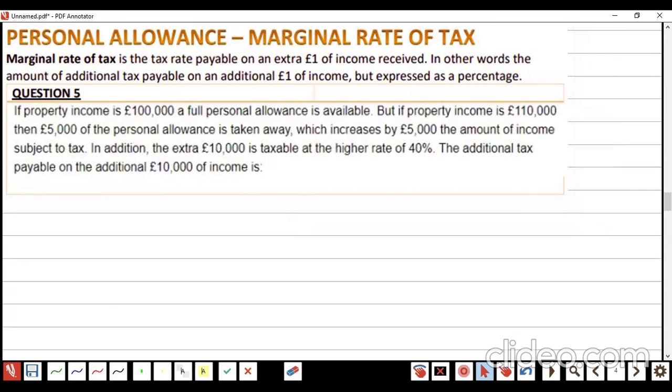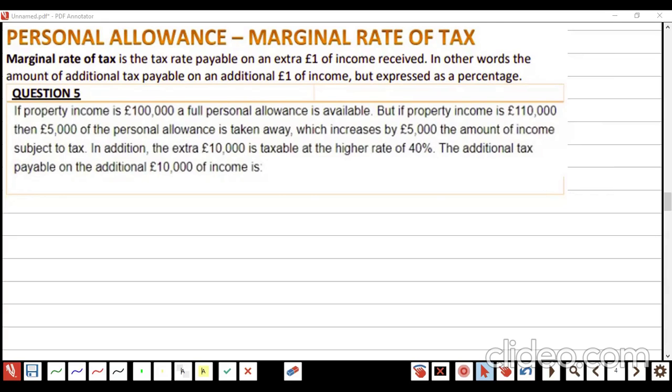I used to tell students just memorize this and go home. But now we are big boys and big girls. Here we need to know how this marginal relief rate comes up, what the marginal rate is, how it changes and how it is calculated. This is what we will learn.